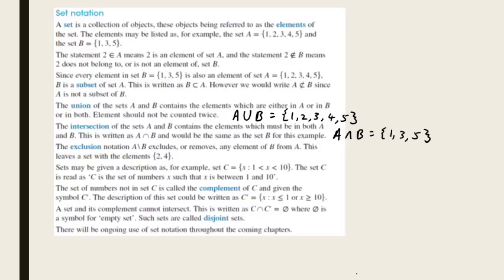So if you have a look, A excluding B would be anything that's not in B, you just show what it is. Right, so we'll keep going down. Complement means not in that set, and disjoint sets means there's nothing in common. You use a null set or an empty set to show that, which is down here, and then there's a few more.